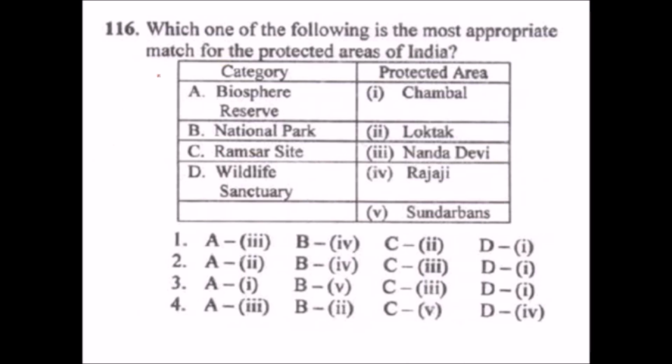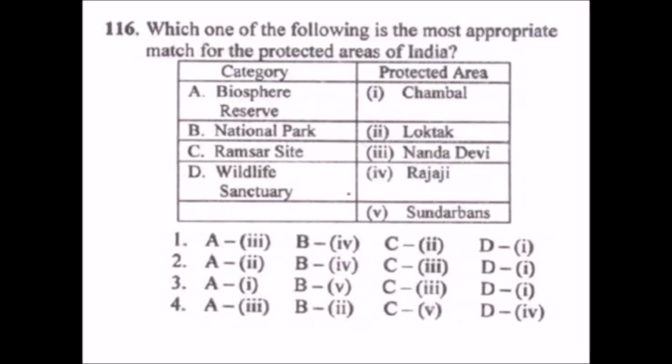Next question is, which one of the following is the best match for the protected areas of India? A biosphere reserve is Nanda Devi Biosphere Reserve, and national park is Rajaji National Park. Ramsar site is number 2, which is the Loktak, and the wildlife sanctuary is definitely the Chambal.